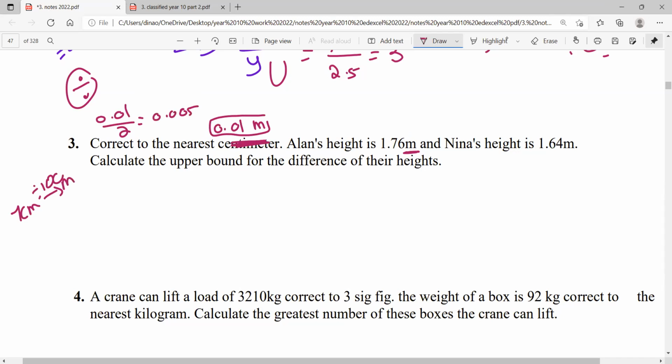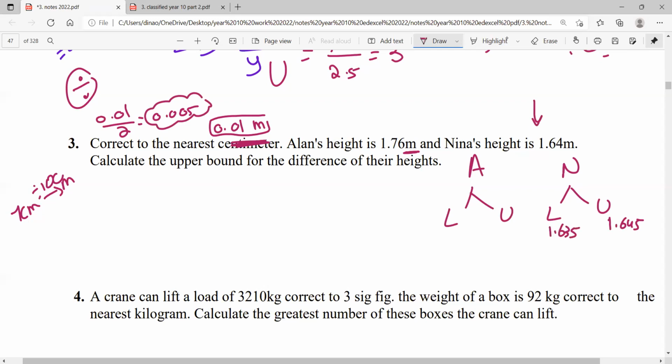Alan, Nina, upper, lower, upper, lower. And then to find the bounds: upper Nina 1.645, lower Nina 1.635, upper Alan 1.765, lower Alan 1.755.